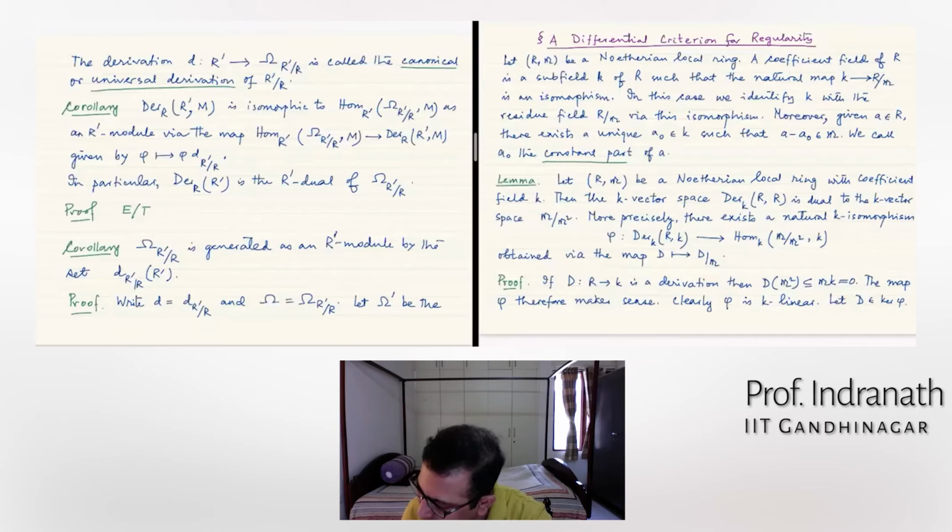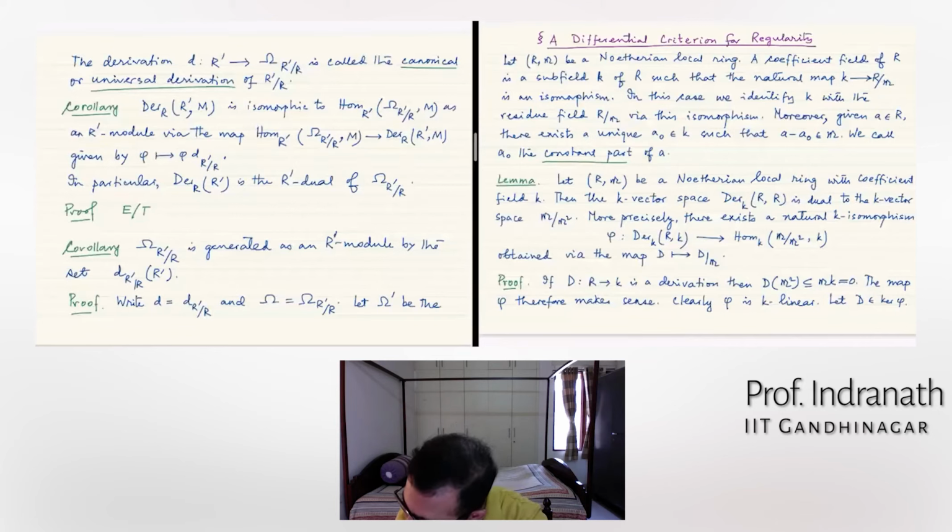If D from R to K is a derivation, please don't forget your coefficient field K. I am saying that coefficient field K. Okay, but you can understand that you have the isomorphism with R/M. But we are saying it explicitly because you have already seen this, that you will have to talk about affine algebra over some other field. So that is why we are bringing that into the picture.